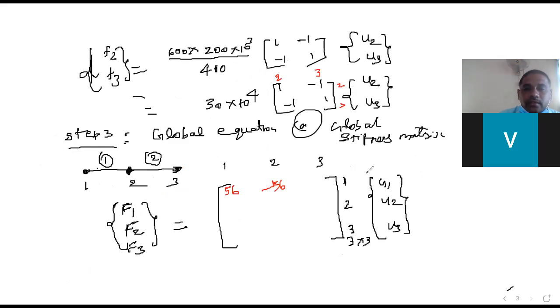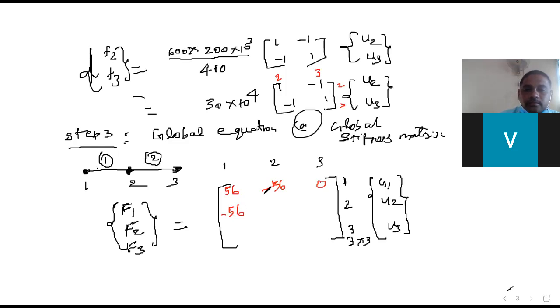We don't have any 3, 1 term, so you can put 0 here. What is the typical characteristic of the stiffness matrix? Actually, it is symmetrical. A symmetrical property means the 1, 2 term is equal to the 2, 1 term, so you will be having the same value of minus 56 here.